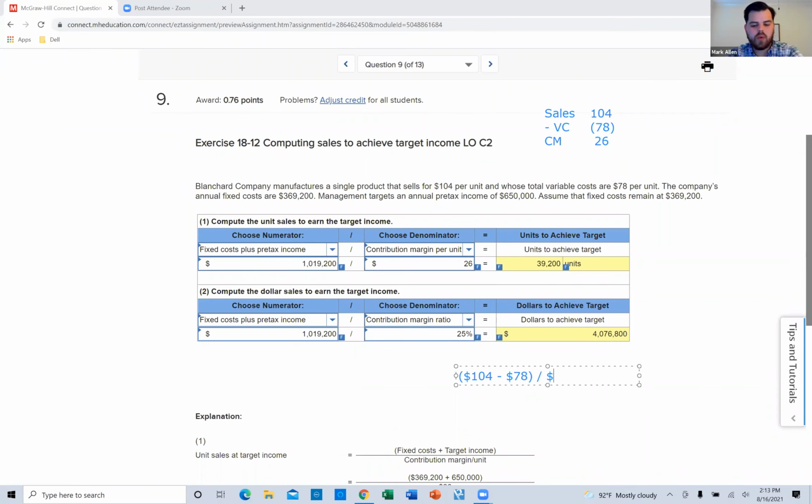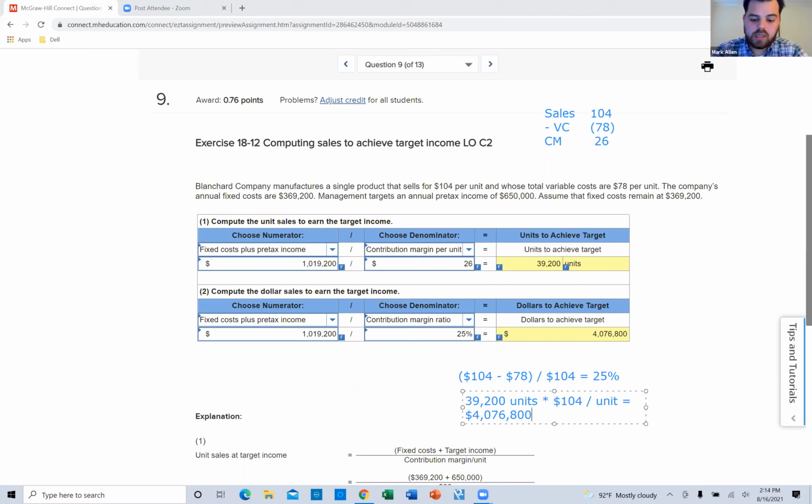Now, of course, you could check that number by taking your 39,200 units times $104 per unit, and that will be 4,076,800, because that will work also. So do be aware that that is, of course, a fine option.